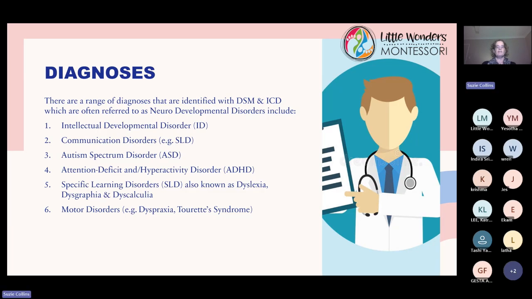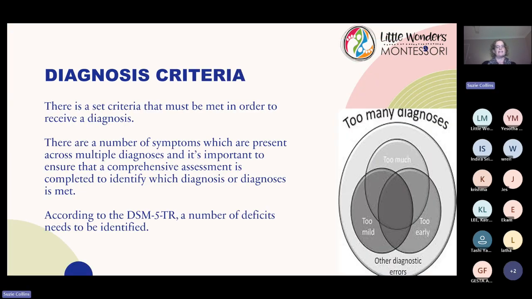So let's have a look at the actual criteria that needs to be met. Each of those manuals that we talked about before has a set criteria that needs to be met in order for a diagnosis to be received. What makes it really tricky is that there are a number of symptoms that children present with that fall across a number of those disorders I just talked about.